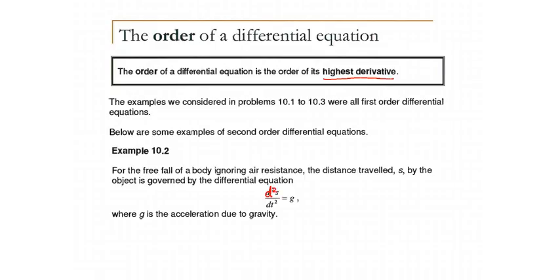Here it's 2. So that means that this is a second order differential equation. It's always going to be the number next to the d on top that I'm looking for when I name my differential equation, for saying what order it is going to be.